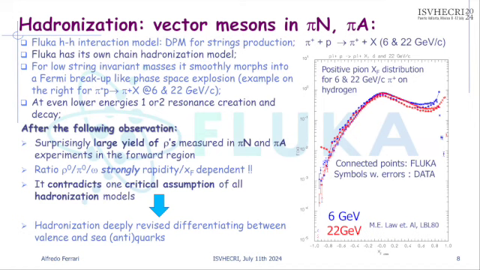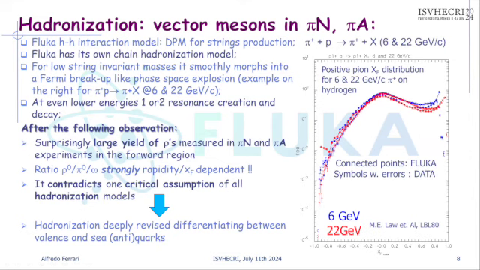That has been discussed already many times these days, which contradicts what was once a critical and generally assumed constraint of hadronization models: that once the quark content is the same, things are the same. So you would naively expect, for this sort of universal hadronization, that the spectra of these three mesons should be proportional to one another, which is not true.